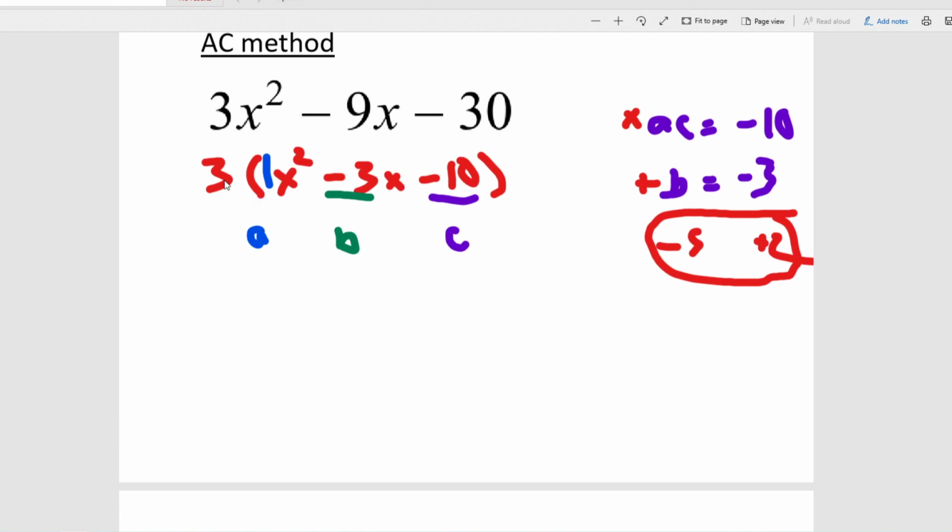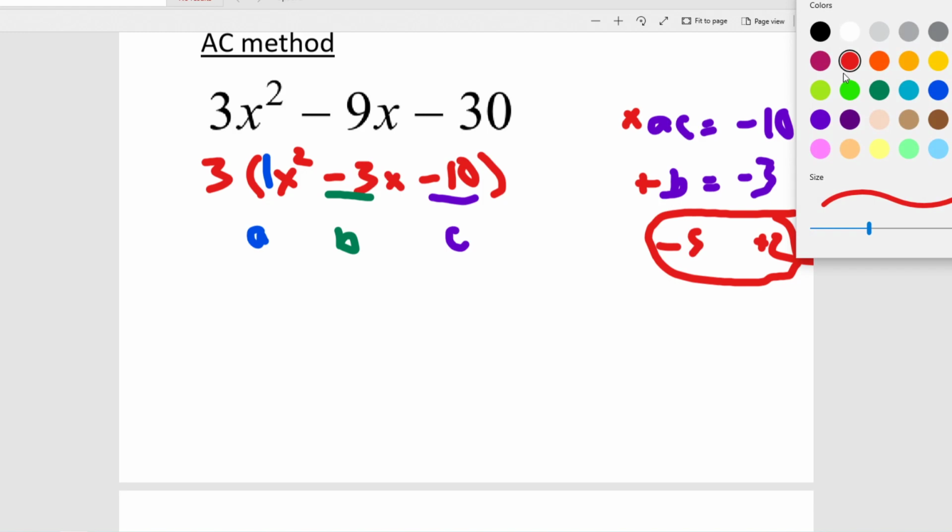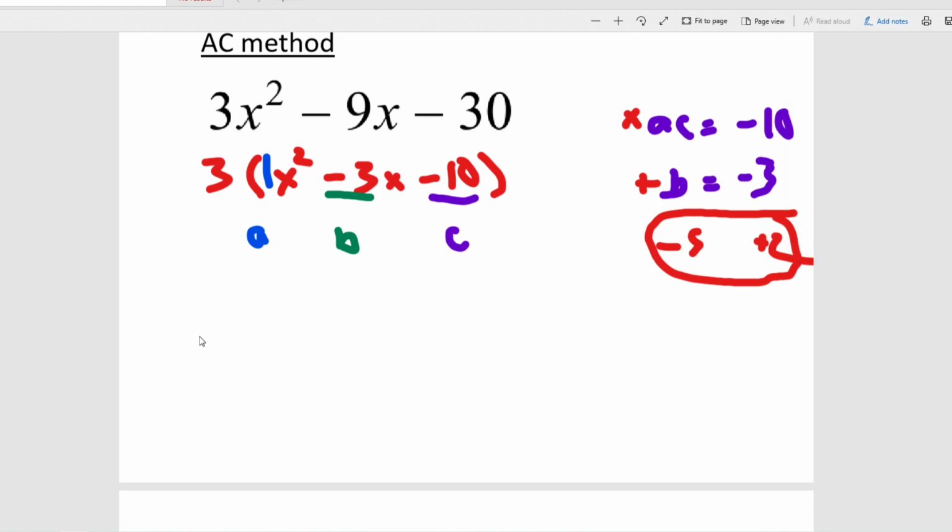The 3's already dealt with for the time being. It's called splitting the middle term because we actually split this middle term into those two numbers. I'm going to write it down. So we have x squared minus 5x plus 2x minus 10. Notice how it has to split the negative 3x, so they both need to have an x after them.